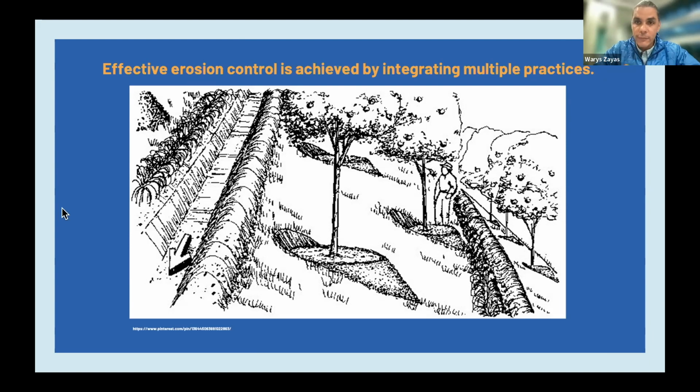And the other thing I find nice about this is that this document was made in reference to many of the practices that peasant farmers or smallholder farmers have been using for decades or centuries in that country, and it's almost the same. For example, when I was gaining interest in agriculture, several years ago as an undergraduate student, one of my first experiences doing conservation practices was on a coffee farm.